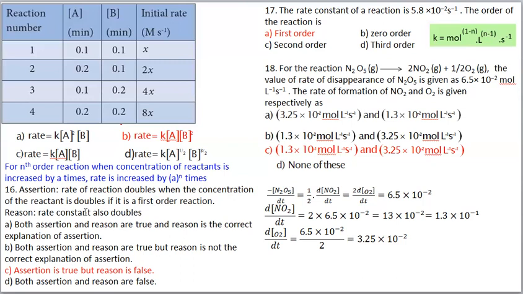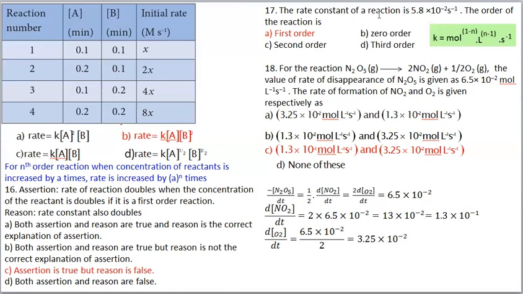Reason: rate constant also doubles. No, rate constant cannot change with the concentration of reactant. When we change the concentration of reactant, the rate constant cannot change. So this is a wrong statement. Both assertion and reason are true, that is wrong. Assertion is true, but the reason is false, that is the correct one. Okay.